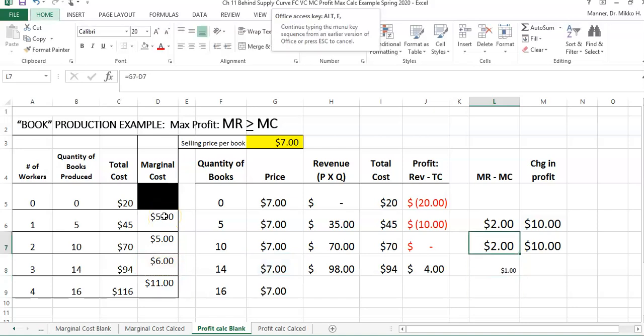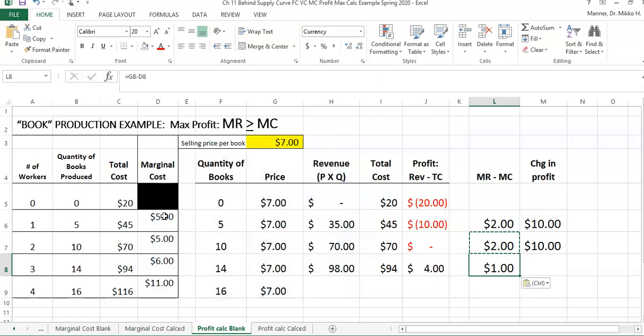So let's change the format so it's the same. Each extra book that the third worker helps us produce, our profit increases by $1, the difference between marginal revenue and marginal cost. Now, since we're only producing 4 extra books, $1 times the extra 4 books is an increase in profit of $4. That's where that number comes from.